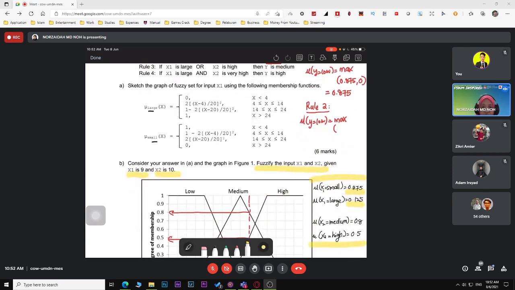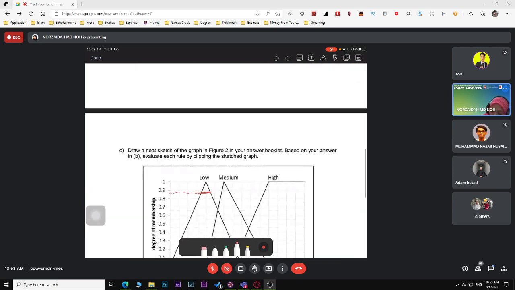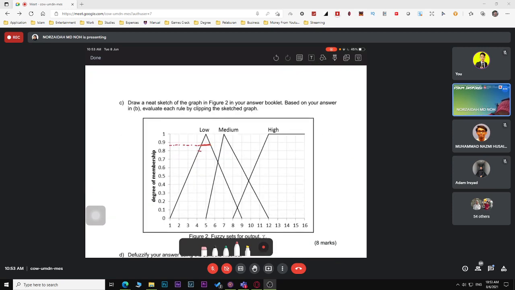Large, value dia 0.125. Medium, 0.8. Okay, so kita kira max antara 0.125 and 0.8. Apa value yang you akan ambil? 0.8. Yes, 0.8. So when you go to this graph, clip it at 0.8. Dia dari sini. So if you realize, this is from rule 1, this is from rule 2. Clear?